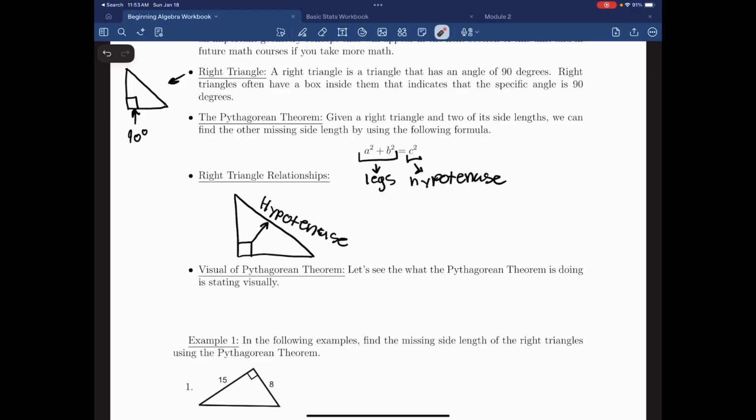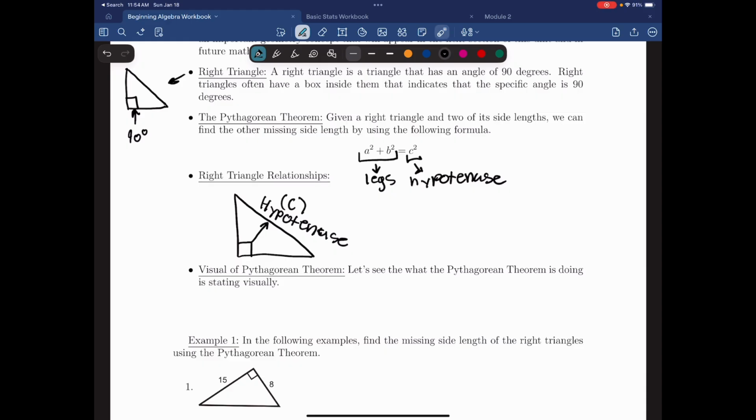So if you always get confused, just know that the hypotenuse is always directly across from this right angle. And as we see from the formula here, C represents the hypotenuse. So that must mean this side length represents C in the Pythagorean theorem.